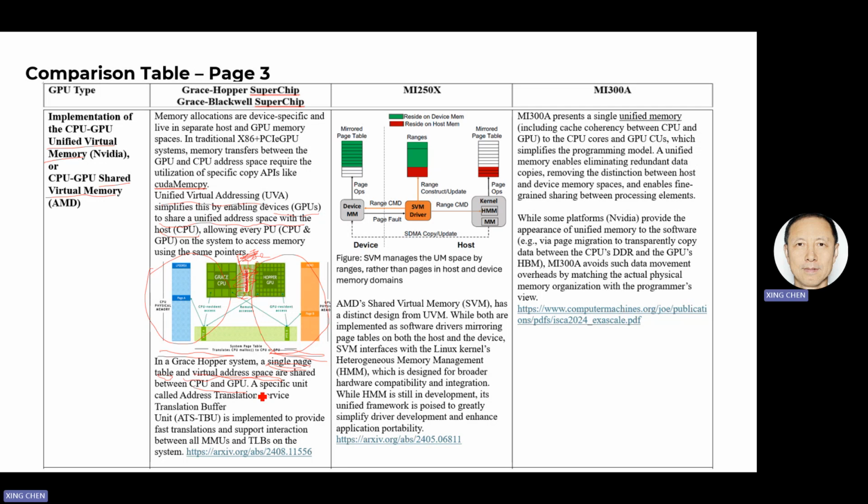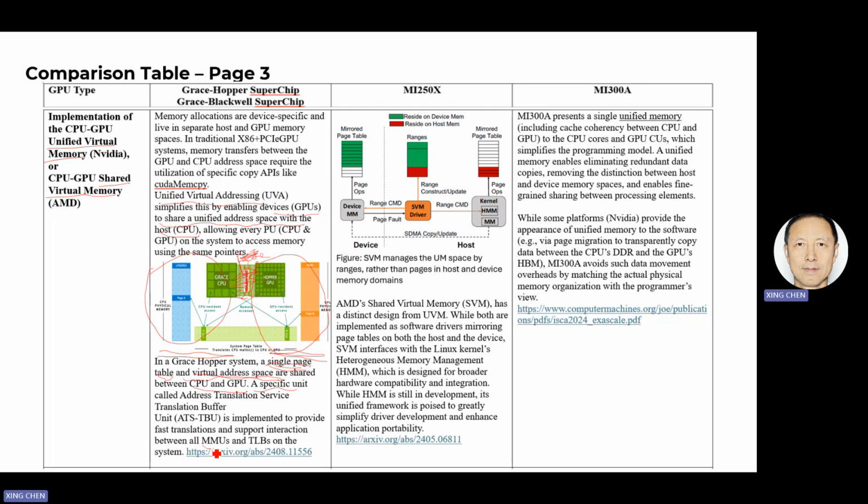Now, to have this happen, a specific unit called Address Translation Service Translation Buffer Unit, ATS TBU, is implemented to provide fast translation and support interaction between all MMUs and TLBs on the system.